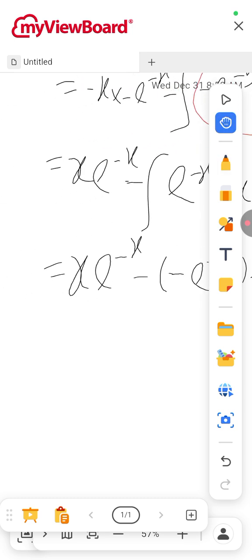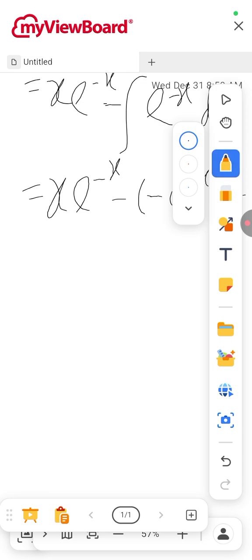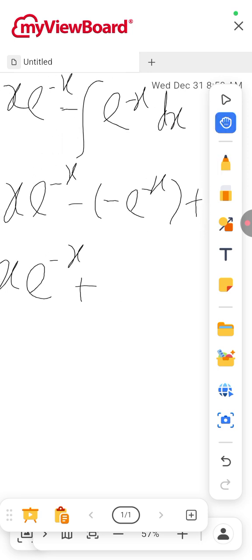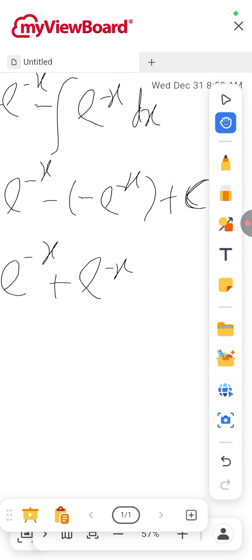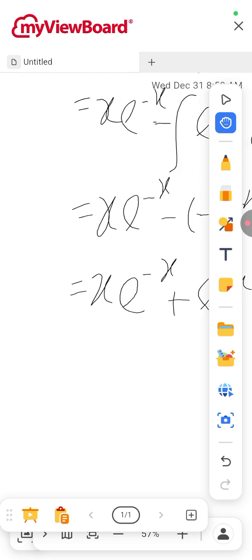So with this now, what do I have? Let me simplify further. So I have x times e raised power minus x plus e raised power minus x, then plus c. So that's what I have now.